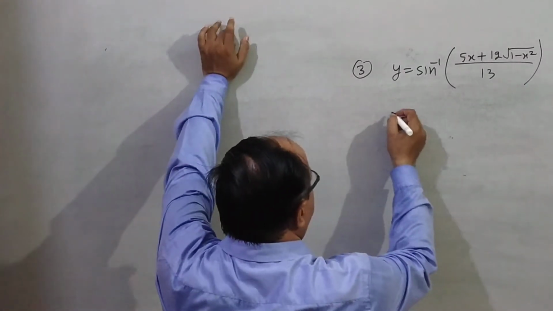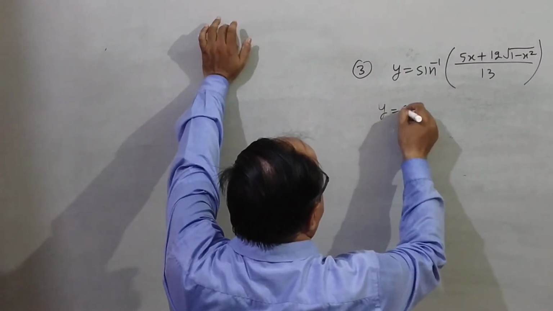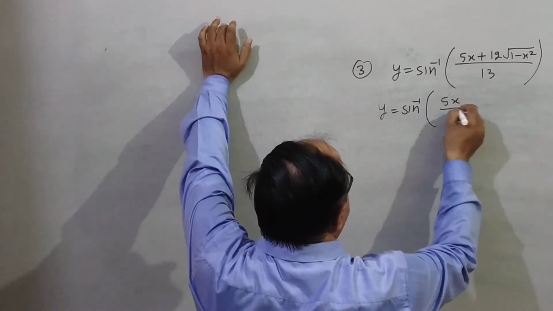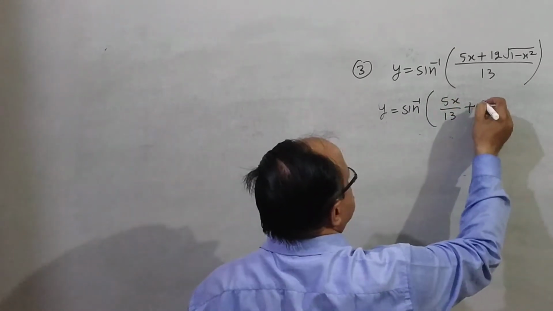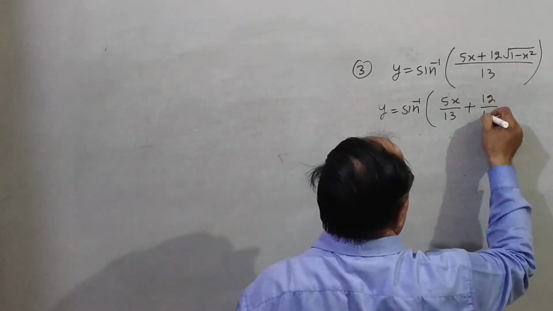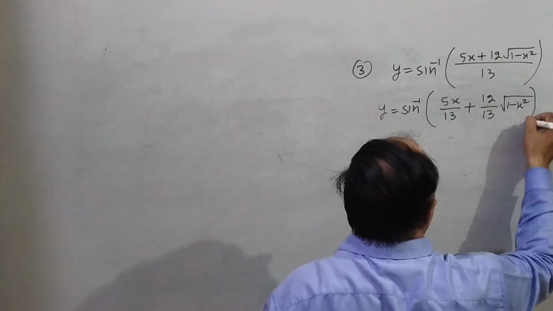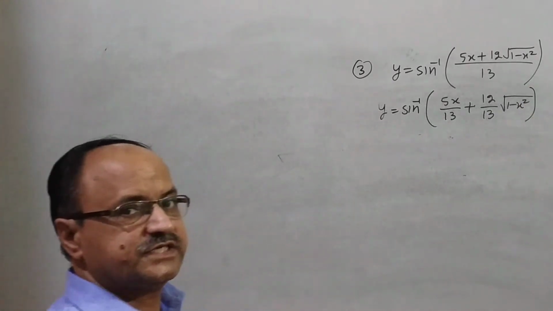We want to find the derivative of this. Firstly, simplify. Sine inverse, you can write 5x by 13 plus 12 by 13 root 1 minus x square.